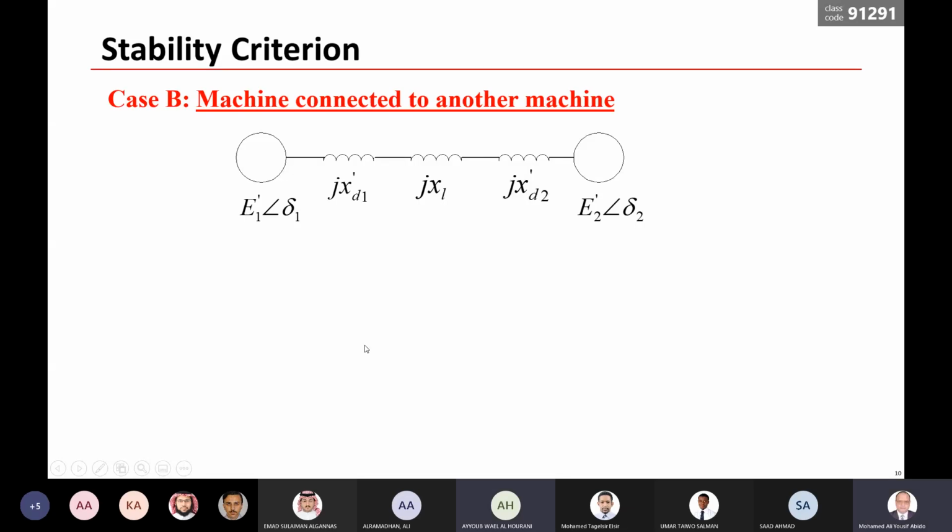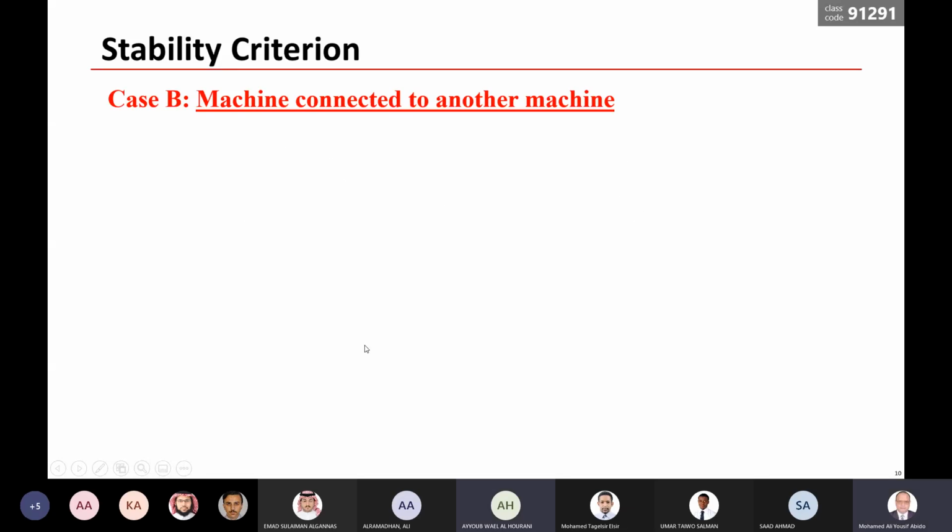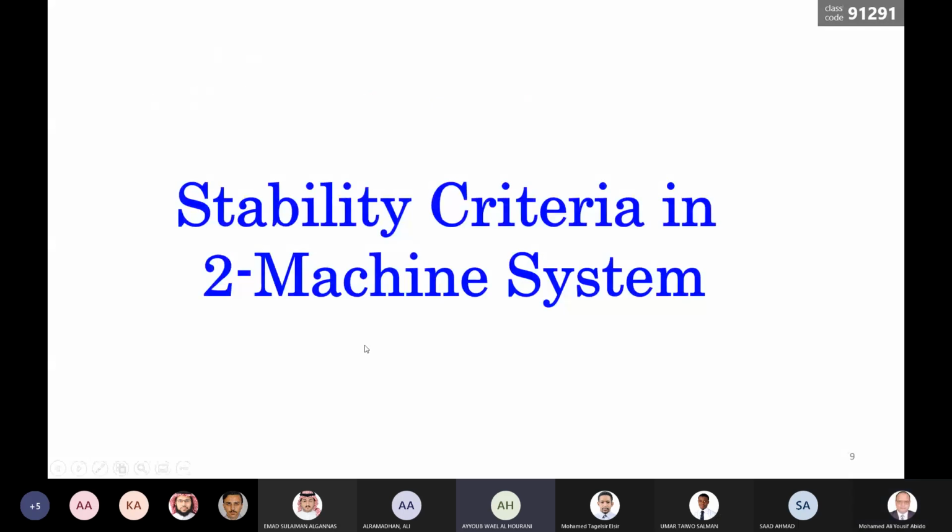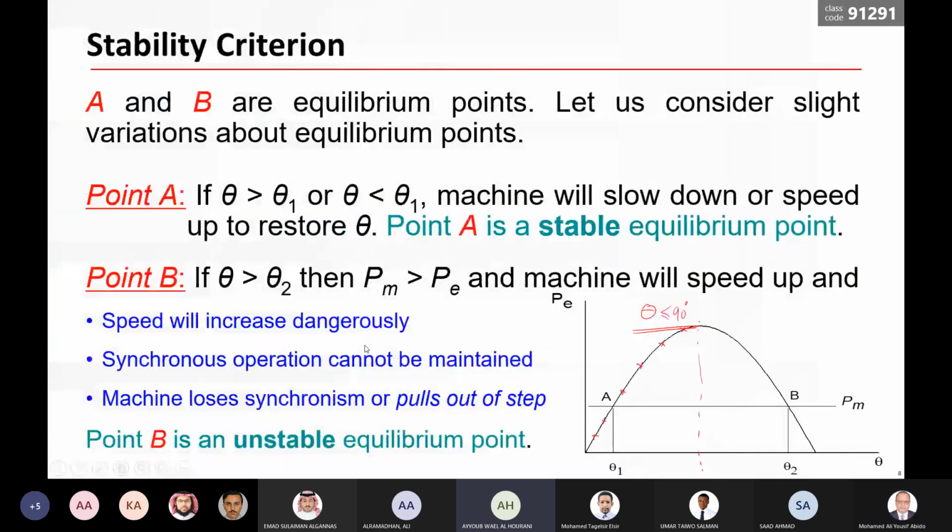Doctor, can you allow one question, please? Yes, please, go ahead. Doctor, for the point B in the previous slide, is it an unstable equilibrium point from one direction or both directions? In case the load increases, PE will be more than PM, so delta will reduce. So it will get back to point A, or is this not right? You want to move in this direction.